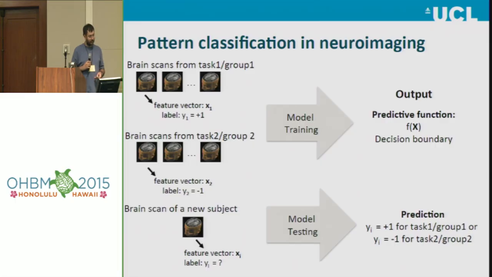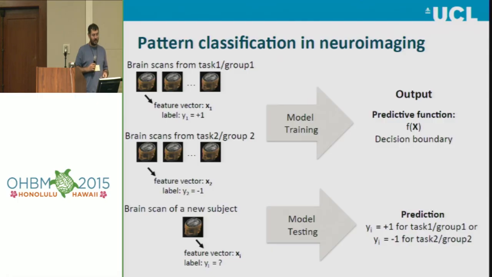So in neuroimaging, we can apply these techniques as well. This is a slide to outline how we would do this in a typical example. So we would have a set of brain scans from a particular task. If it was a neuroscience application, we'd have brain scans from a particular task, or if it was a clinical application, of a particular group.